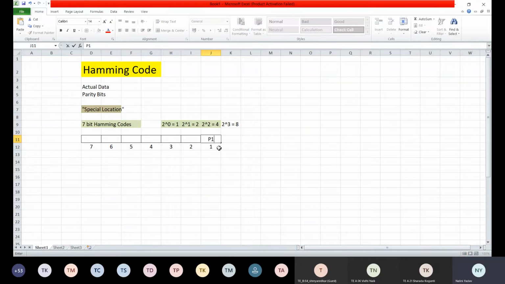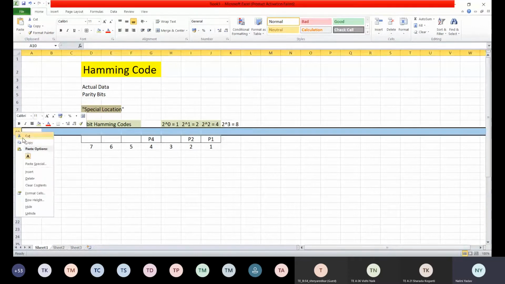So this is my P1. P1 will be at 2 raised to 0, P2 at 2 raised to 1, and here we will have P4. Understood the position of parity bits? These are my parity bit positions.